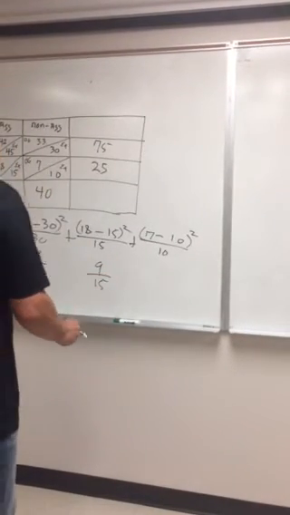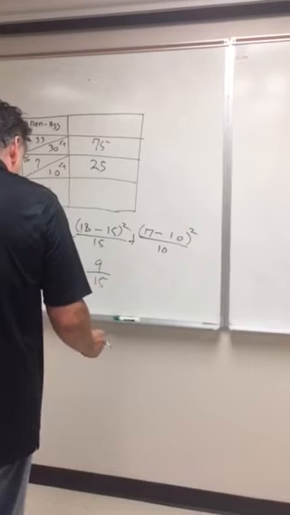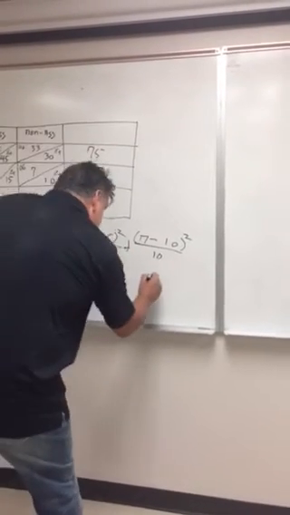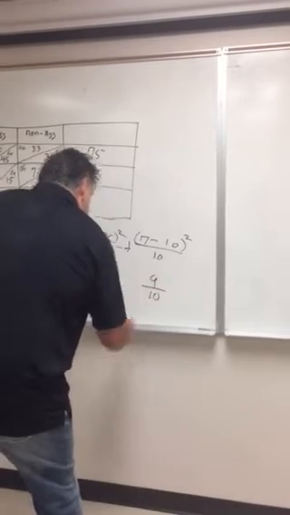And 7 minus 10 gives me negative 3, squared, will be 9 again, over 10.